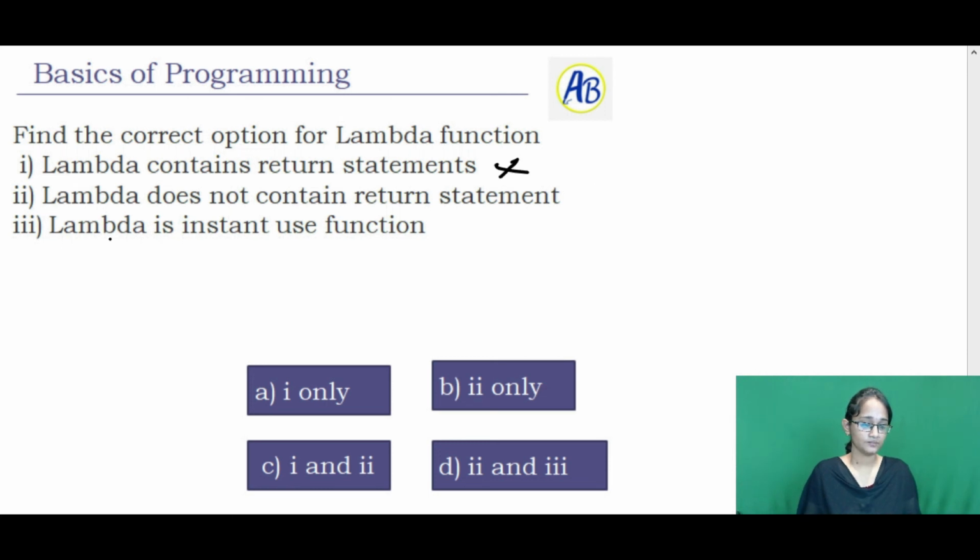Lambda does not contain the return statement. And the next thing is that lambda is an instant-use function. It is only one-time use. We can use the lambda function only one time. That is called instant use. So here the correct option is 2 and 3. Lambda does not contain the return statement.